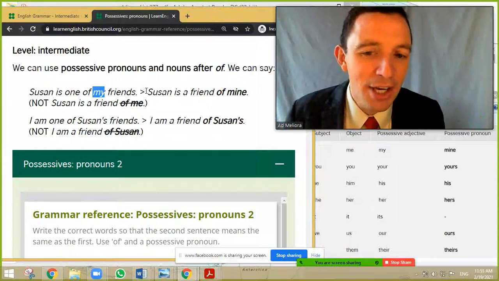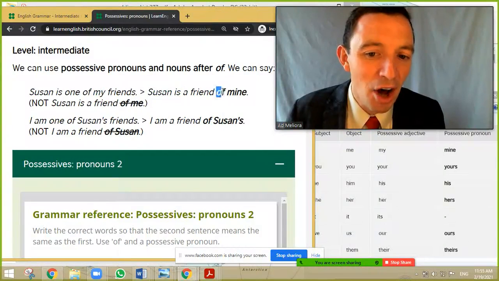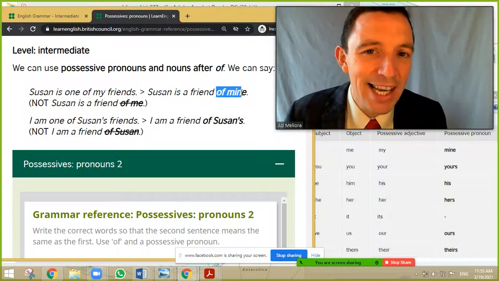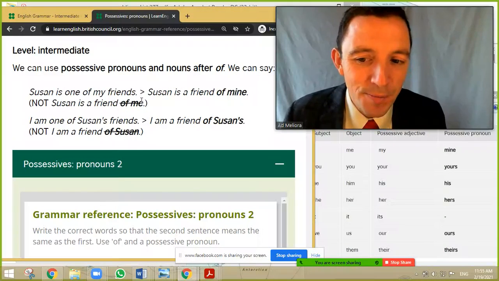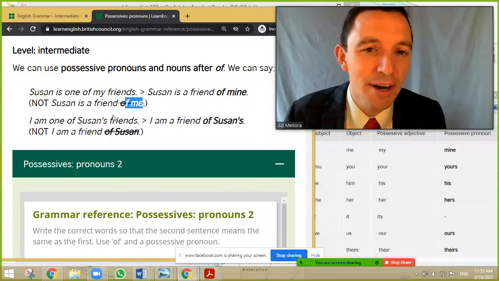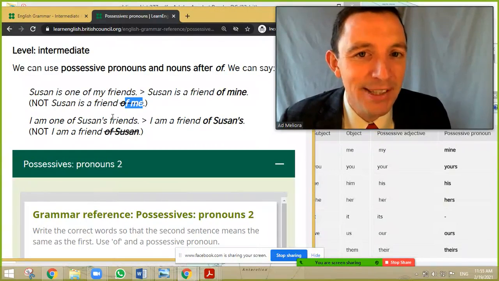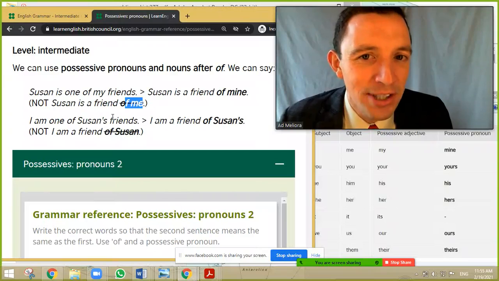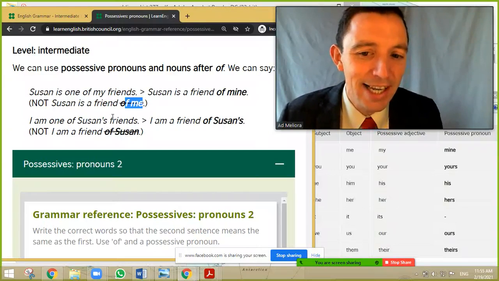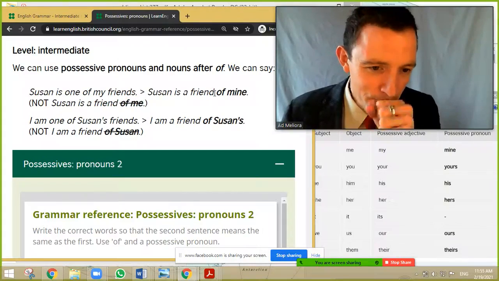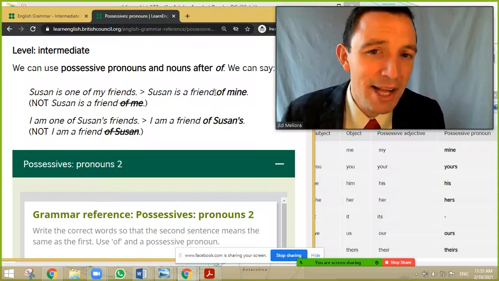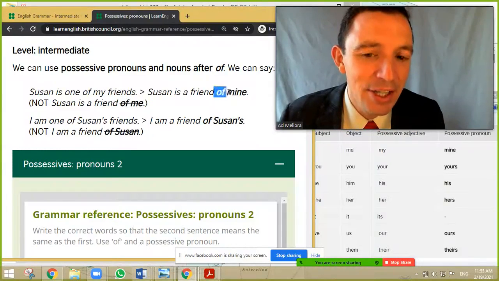And the transformation, Susan is a friend of mine. So that is possible, and the error is Susan is a friend of me. But in reality, it's possible that people say this, and of course everybody will understand you, but technically it's Susan is a friend of mine, more advanced, more correct and better English, okay?